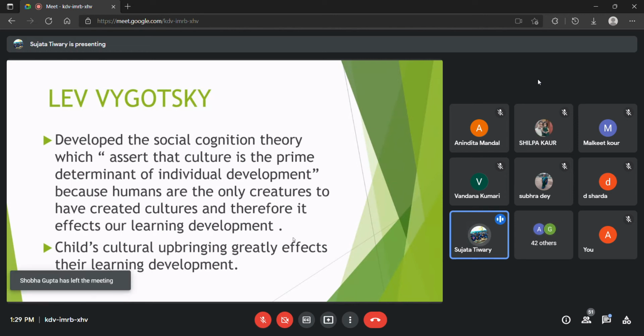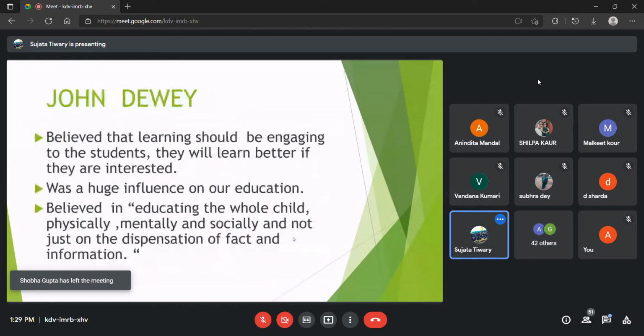Now, the next is John Dewey, a pragmatist who deals with reality. He was a great educationist. He believed that learning should be engaging to the students. If they are engaged, they will learn better.